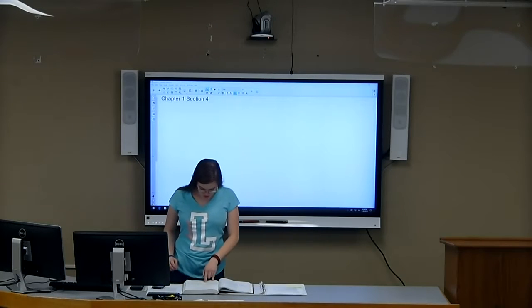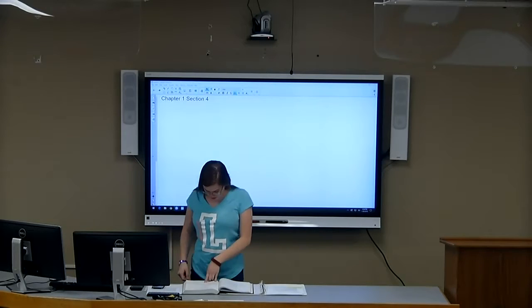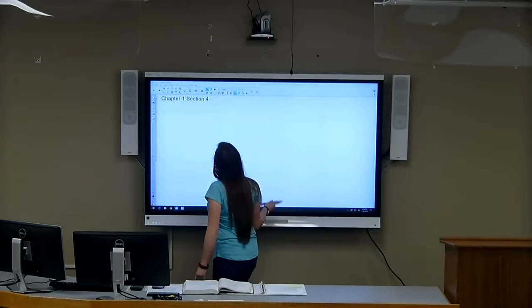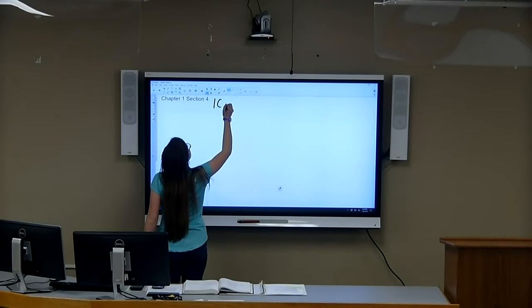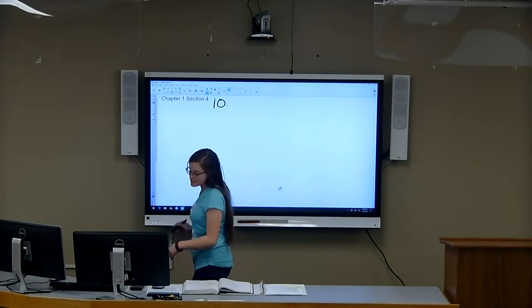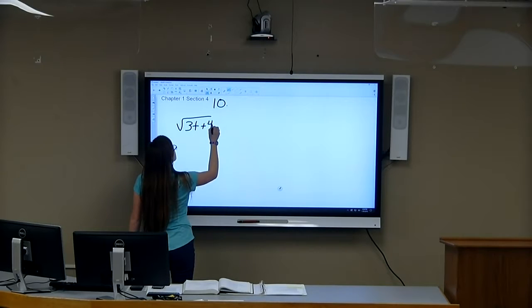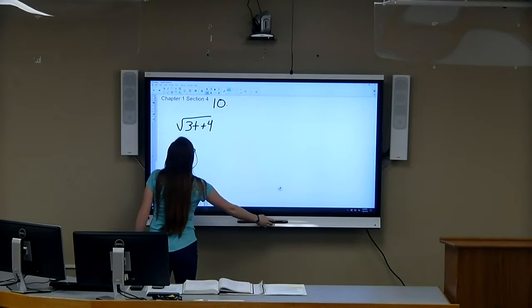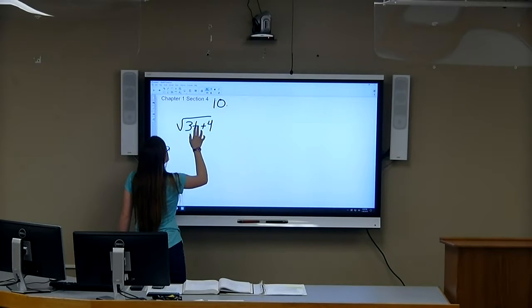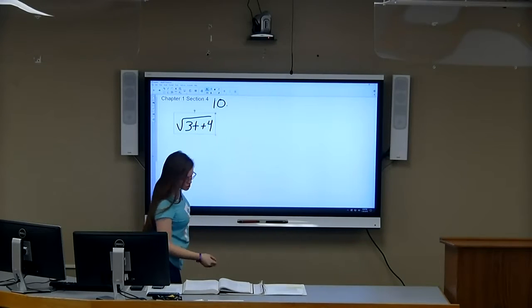The first one we're gonna do is number 10 on page 117, and it says, the square root of 3t plus 4 equals 2.